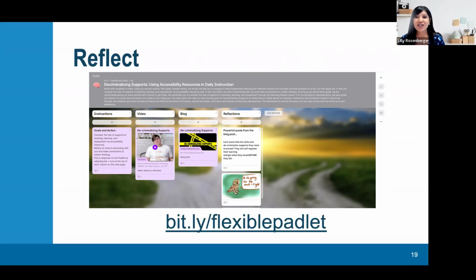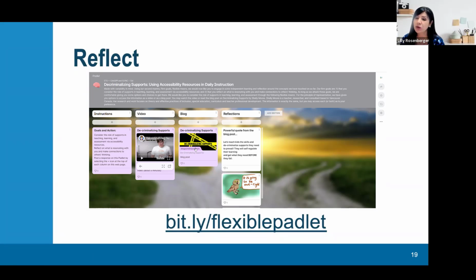When you have finished either watching the video or reading the blog post, we will ask you to respond on the Padlet. Remember our goal: consider the role of supports in teaching, learning, and assessment via accessibility resources, and reflect on what is resonating with you.